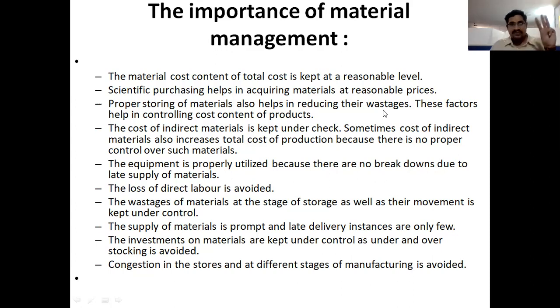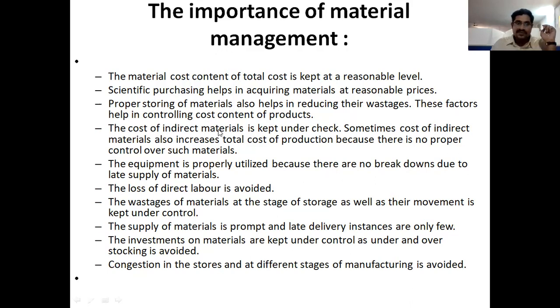So the third benefit is reducing the wastages. These factors help in controlling the cost content of production. This is the fourth benefit: controlling of cost. Reasonable stock levels, reasonable prices, reduced wastages, and controlling the cost of materials.